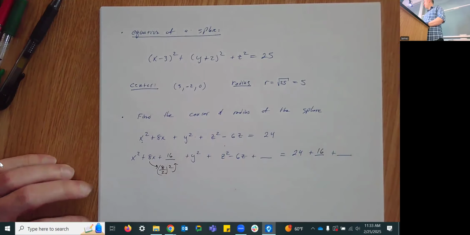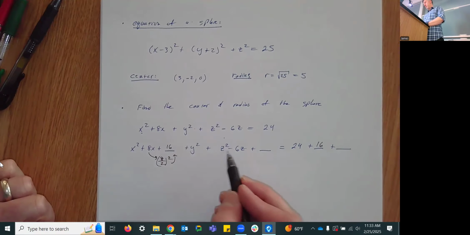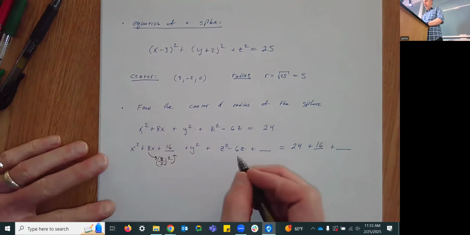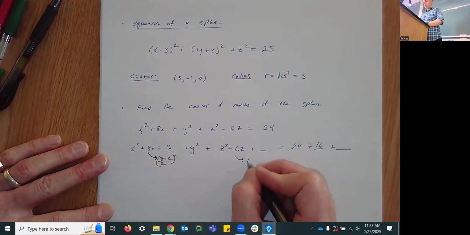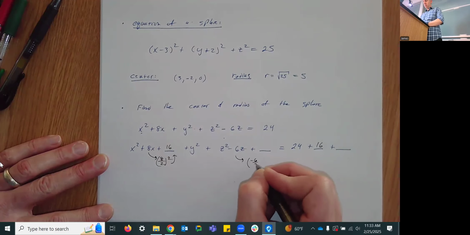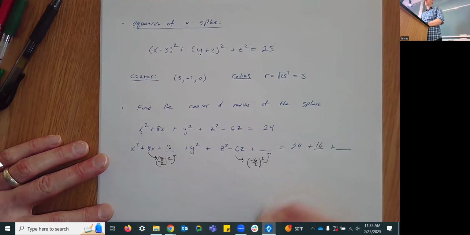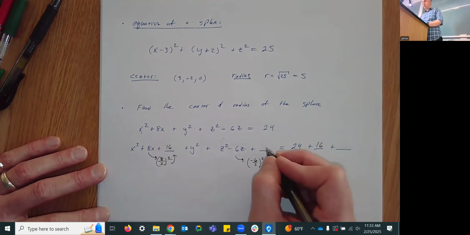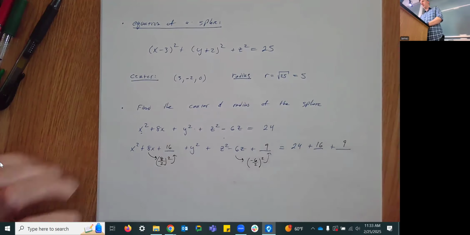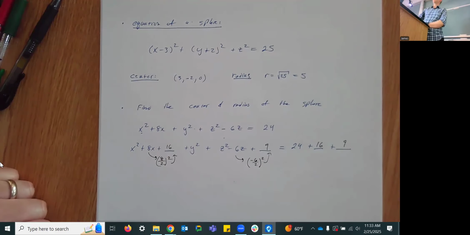So you all should then be able to tell me for the z squared minus 6z, what are we going to add to both sides for that? We're going to add 9. Negative 6 divided by 2 is negative 3. Negative 3 squared is 9. Better question: why are we adding these things to both sides?